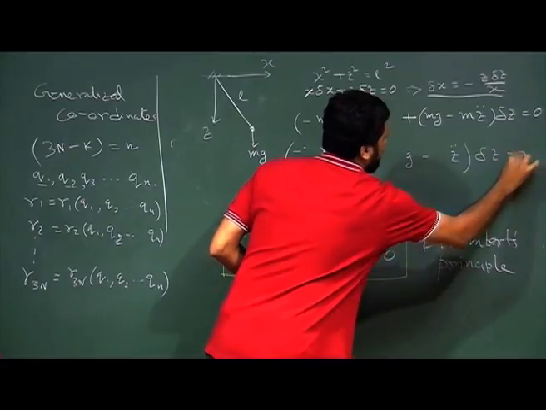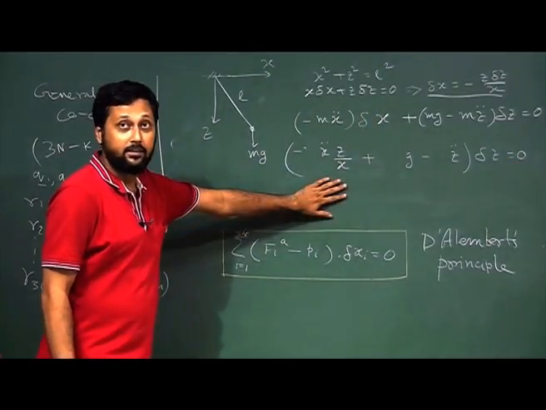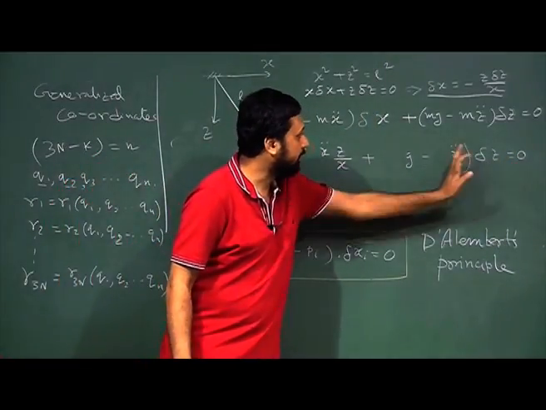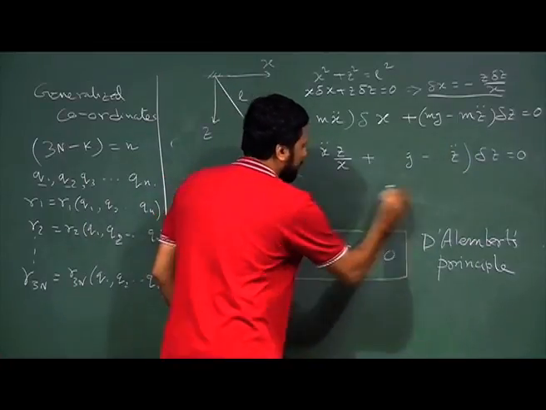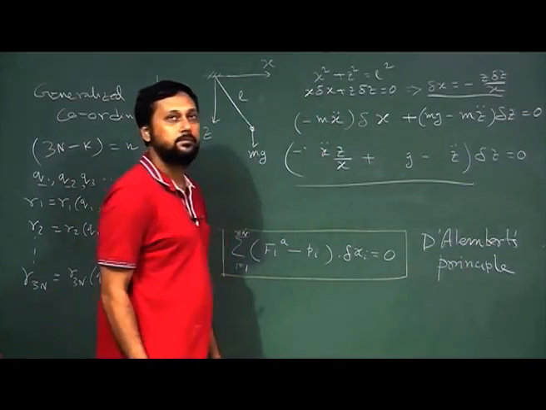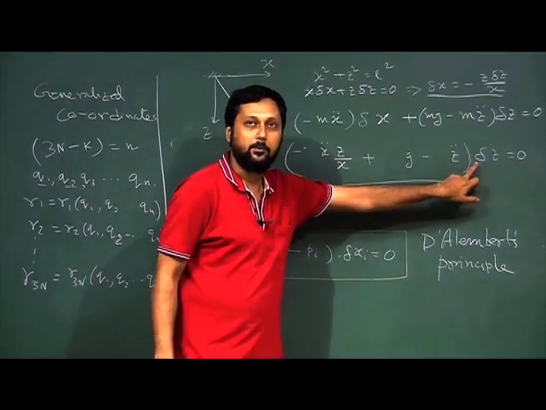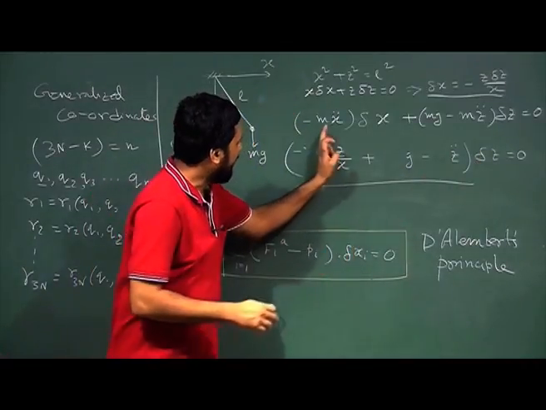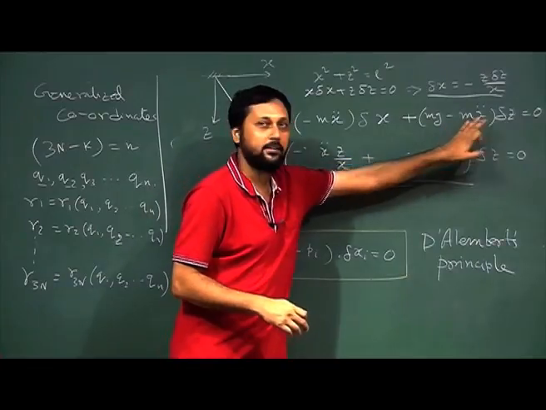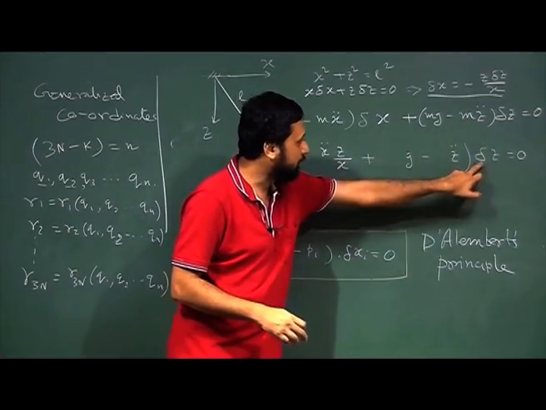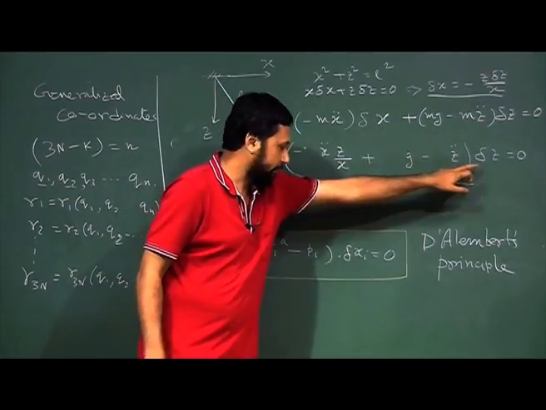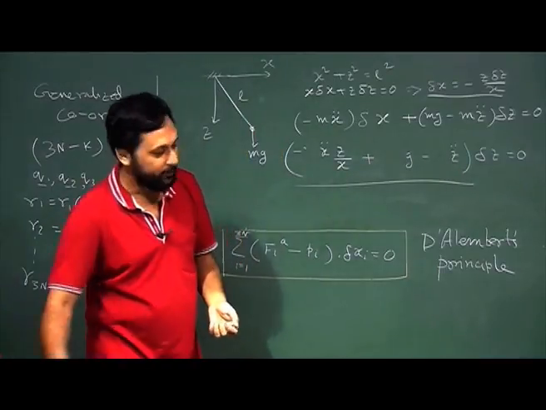Delta z is equal to 0. Now, if this is the case, we can safely equate this whole thing to 0, because now it is a single parameter. We do not have an equation where we have both delta x and delta z. We have reduced it to a single equation with delta z, and the coefficient of that can easily be equated to 0.